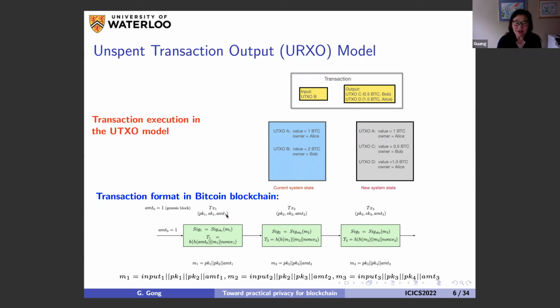Now he will digitally sign the message M. Message M will be this: input 1, which is here, and his public key, the sender's public key, PK2, the receiver's public key, and the amount T1, which is how much he wants to send to the receiver. Okay, so he will digitally sign that.